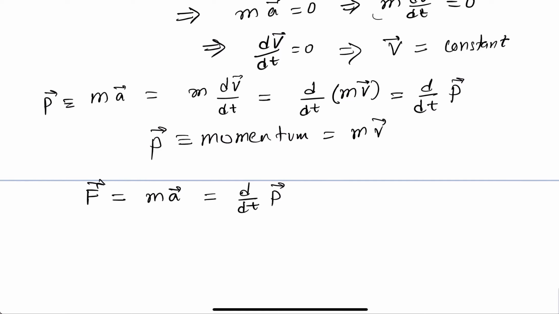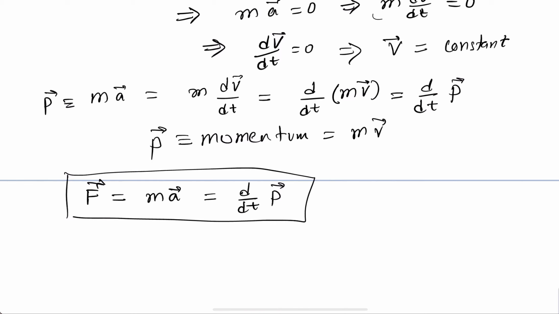So force is in fact the rate of change of the momentum of the object. And this is a more general form of Newton's laws. The reason it's a more generic form is that F equals ma was a relationship for objects which have their mass fixed.